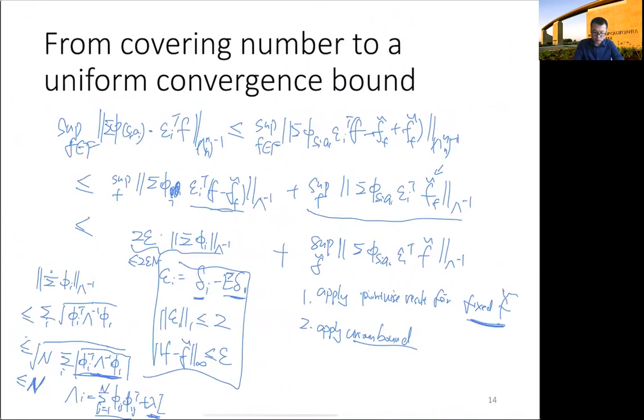What you'll end up getting here is, actually I think it's h square root of d log n plus log of n e over delta.